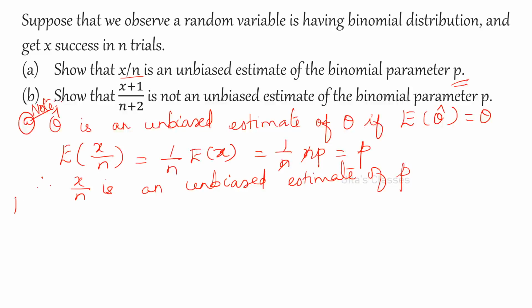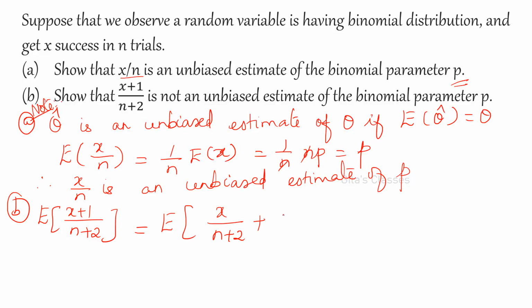Okay. Second one. Show that x plus 1 by n plus 2 is not an unbiased estimate of the binomial parameter p. So here you have to prove that expected value of x plus 1 by n plus 2 is not equal to p. So this is expected value of x plus 1 by n plus 2.